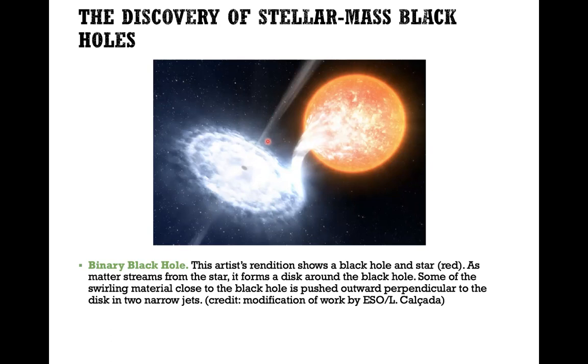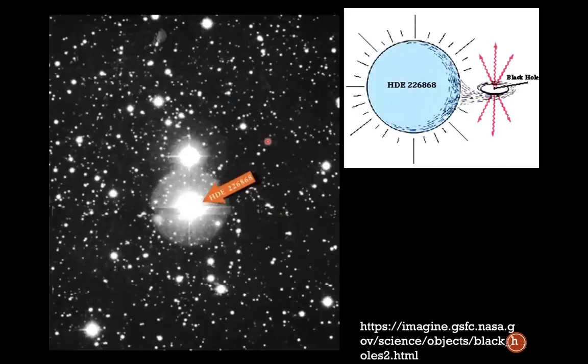X-rays, you can sometimes predict that there is a black hole, and this is an example like that, a black hole detected. This image is taken from one of these NASA websites, and I have put the link here so that you can go and read about the particular story. There is a small diagram right here on the right hand side.